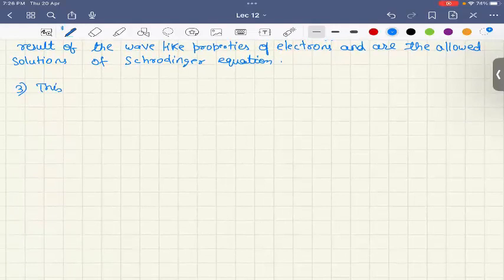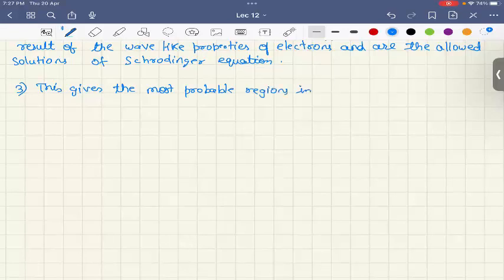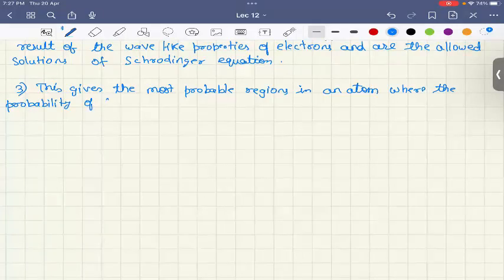This gives the most probable region in an atom, right? Where the probability of finding the electrons is maximum, right?